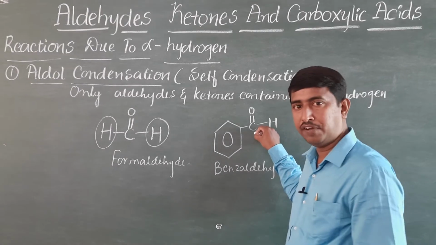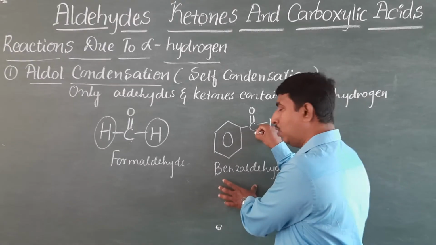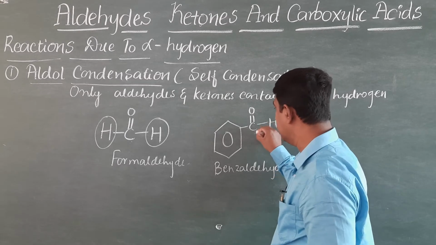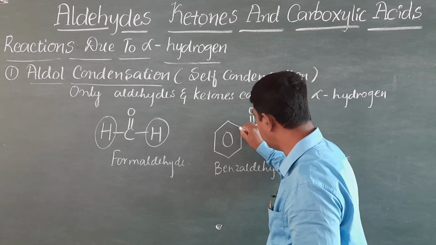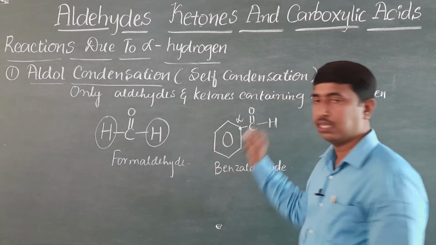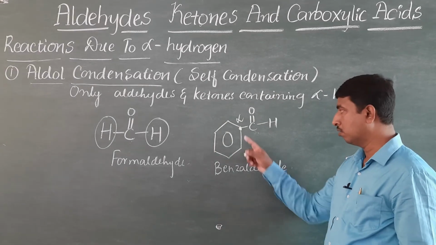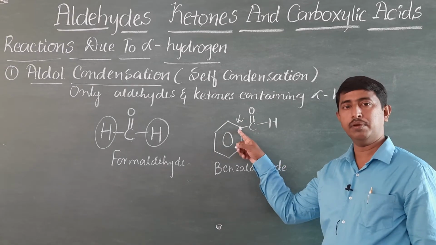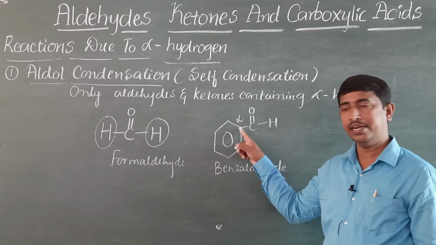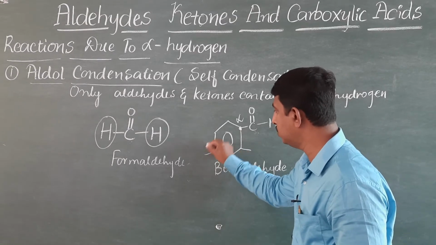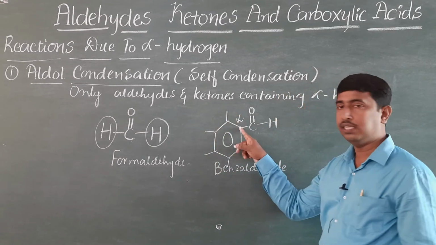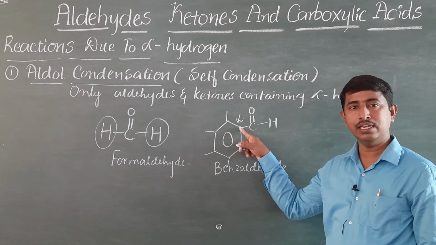See, this is the functional group present in this molecule, benzaldehyde. Nearer to this functional group, there is one carbon. This carbon we name alpha carbon, but this alpha carbon does not contain any hydrogen. Here we can see hydrogen atoms in these positions, but this position does not contain any hydrogen.